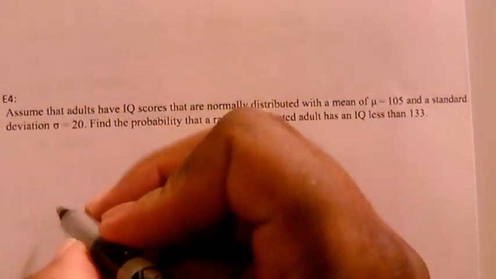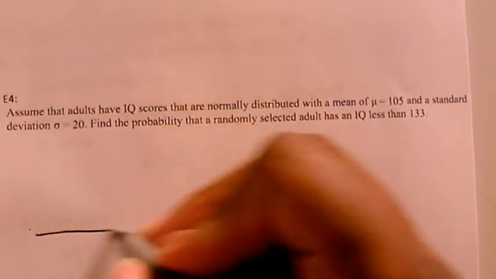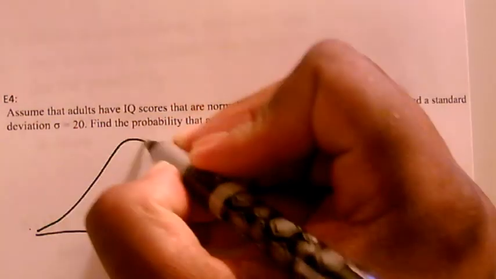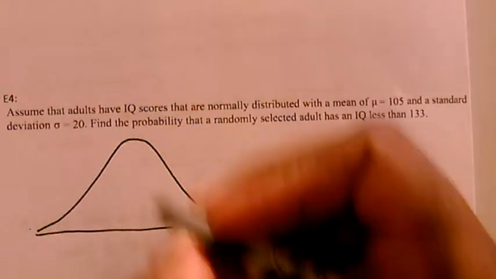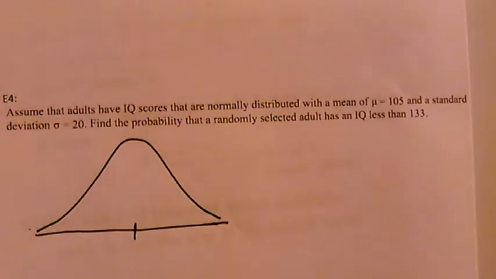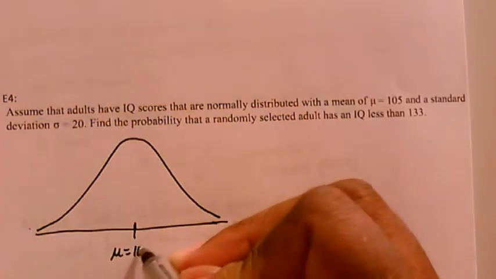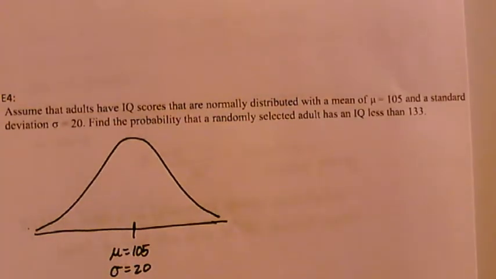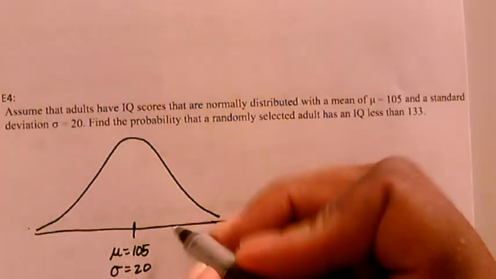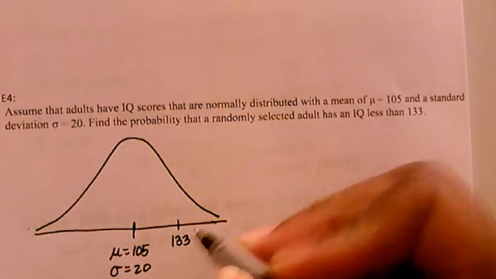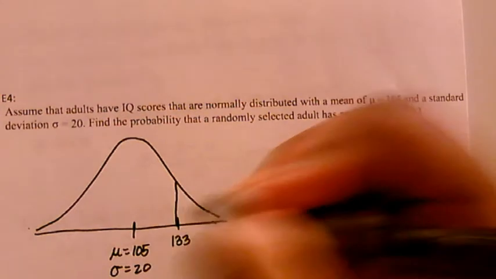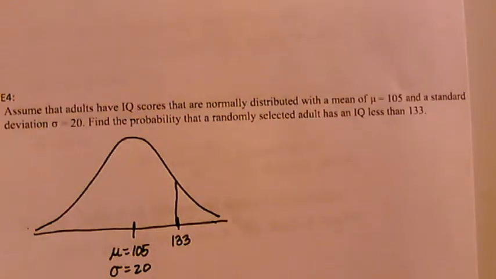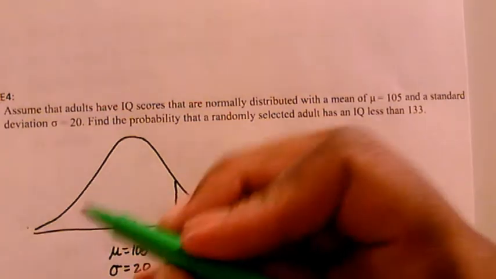Now this time we're going to have to draw a normal curve so that we can get a picture of what's going on here. In this case here, our mean was 105, so that's your mu. Standard deviation in this case is 20. And 133 is this value on the right hand side of 105. Now, less than means that we're dealing with the area to the left of 133.